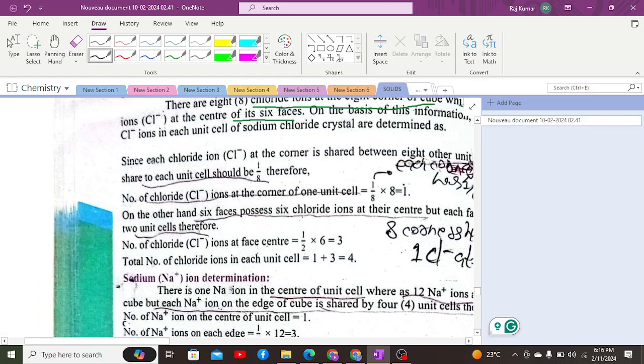Similarly, if we talk about face centers, first let me just clear it out that on the edges we are having 12 atoms, on the faces we are having 6 atoms, and on corners we are having 8 atoms. So these are some common things which you need to consider.